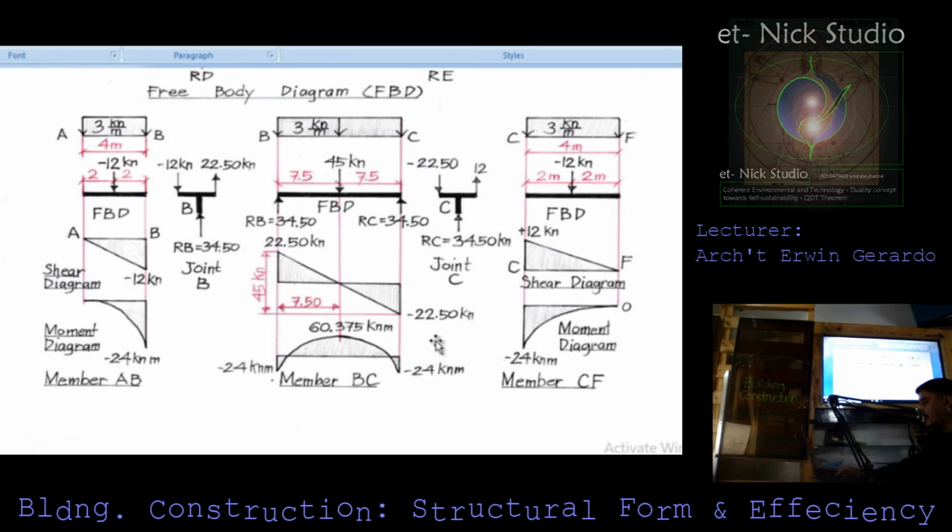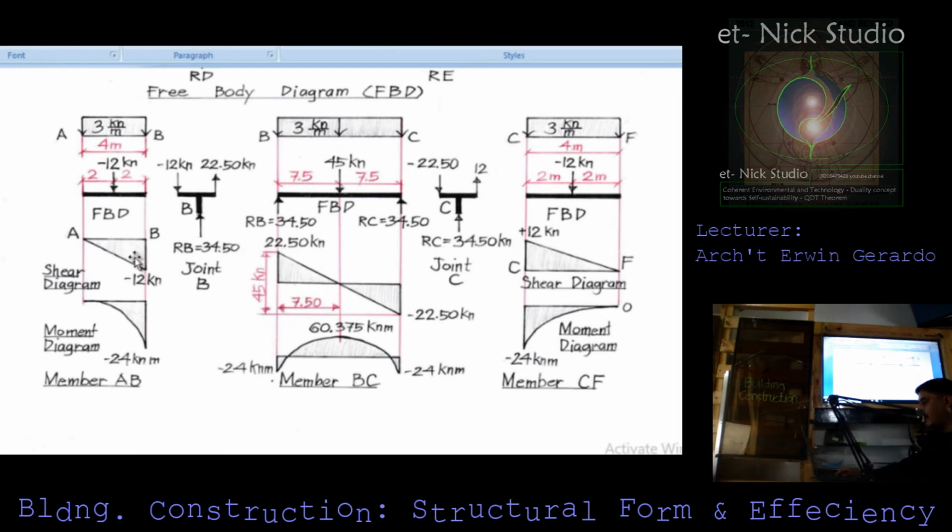As you could see here, negative 22.5, so here, this is negative 22.5 plus 34.5. We have 12 kilonewton. It is pointing upward. So therefore, the shear diagram is located upward.